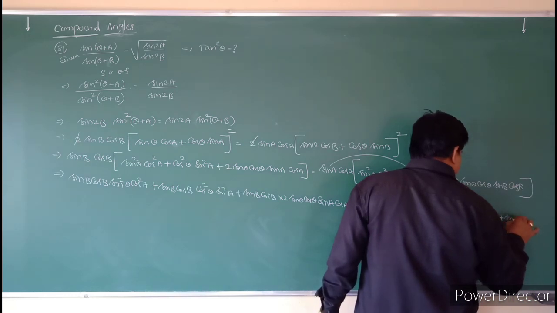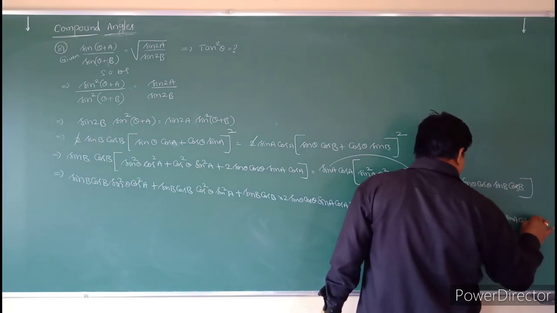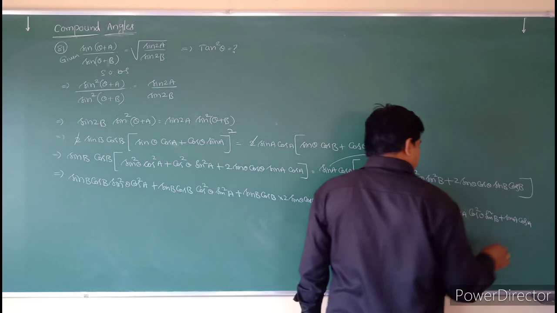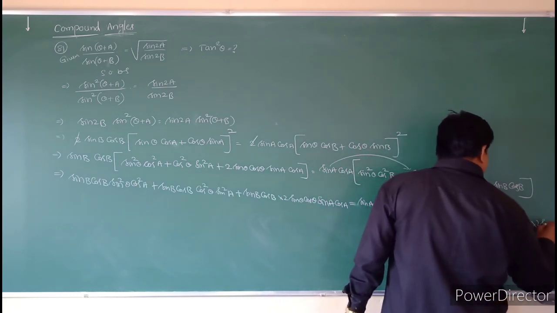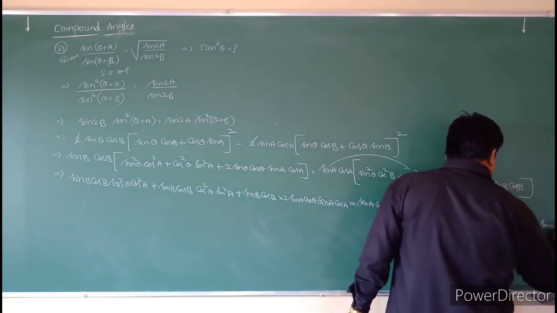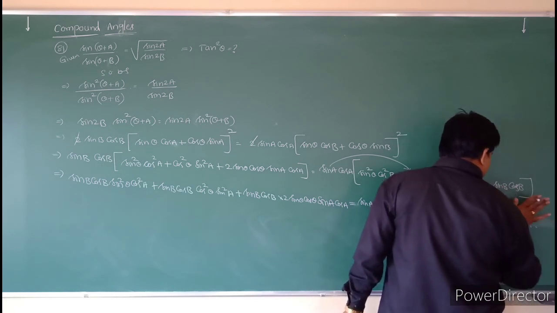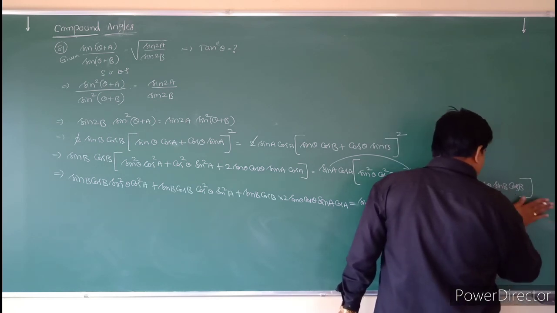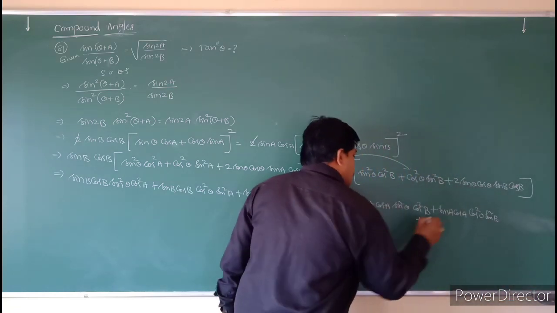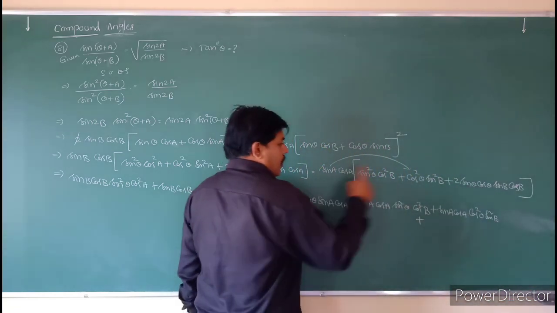So what is that? Sin A cos A sin A cos A into 2 sin θ cos θ. Otherwise I will write this step in the next line. So see this one. Plus multiply the last term.